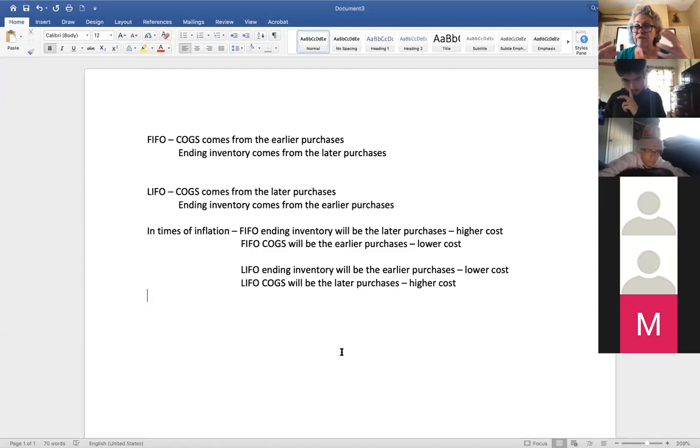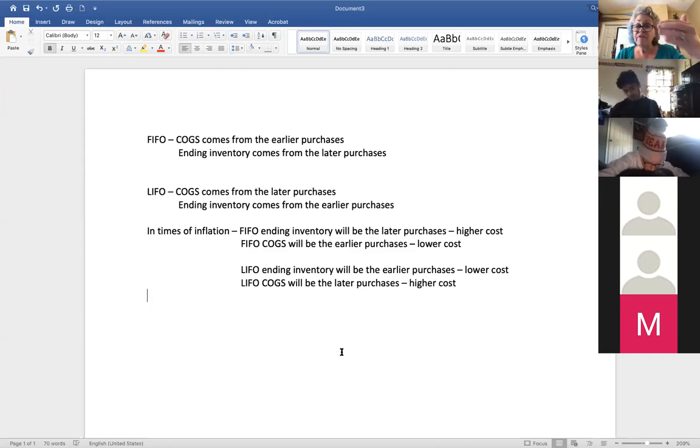That helps with financial statement analysis, particularly if you're comparing two companies. Say I'm comparing Coca-Cola to Pepsi-Cola. I don't know which each one of them uses, but suppose one uses LIFO and one uses FIFO, and you're doing a financial statement analysis and comparing the two companies. Well, you need to compare the two companies apples to apples.